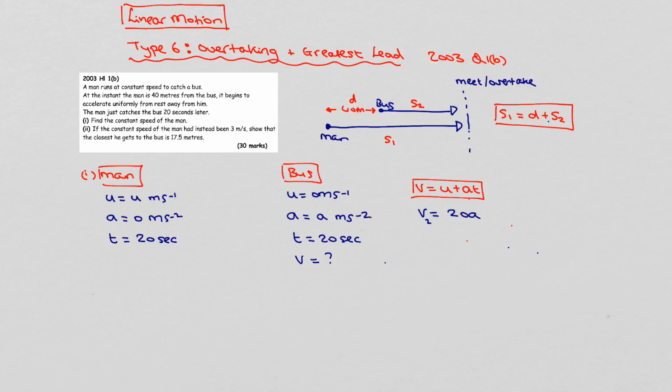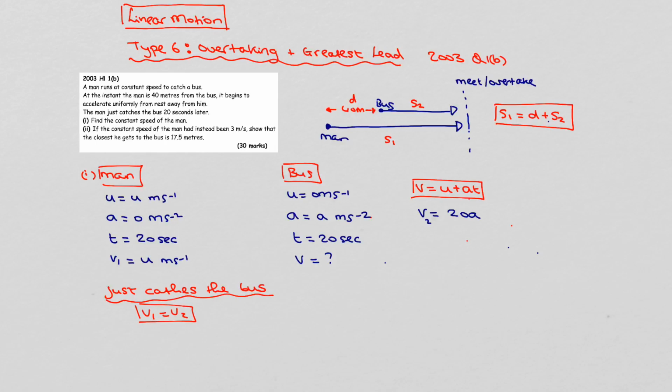Now the initial and final velocity of the man are the same because he's moving at a constant velocity. The key to this is when it's just catching up. If he just catches the bus, that implies that at that instant the velocities are the same.